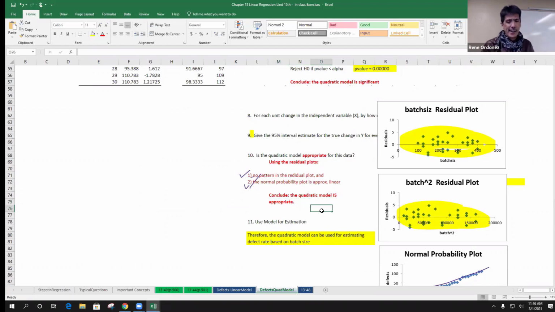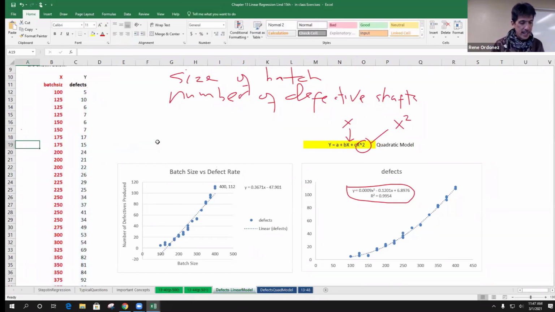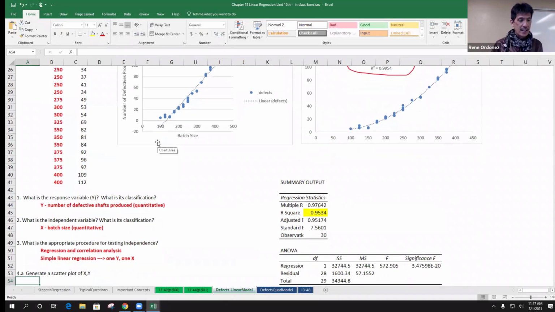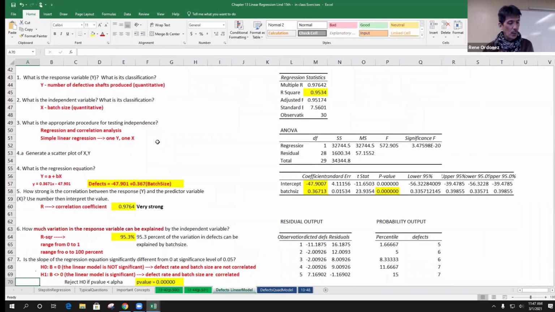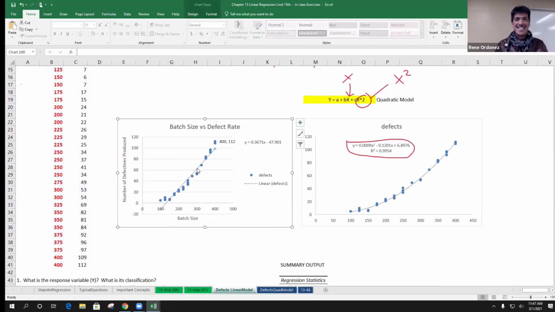So the question is, why would we not use the linear model as a way to predict or estimate defect rate? Why shouldn't we use this model for estimating defects given a batch size? Here's the answer. If you use a model that is not appropriate, here's a potential problem.